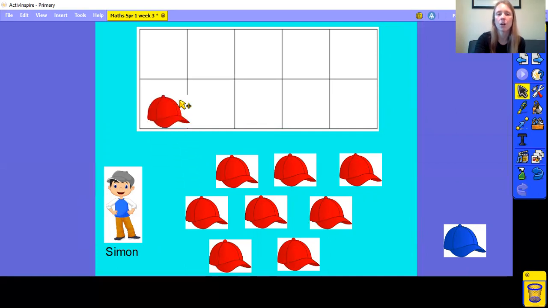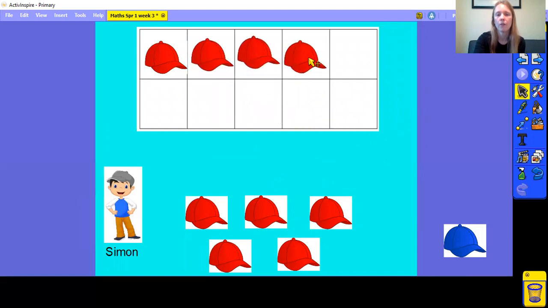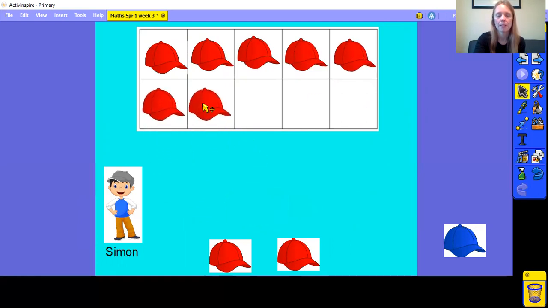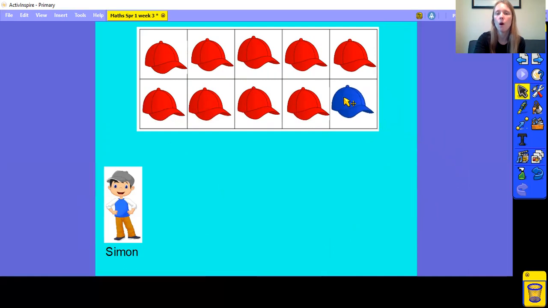First, Simon had 1, 2, 3, 4, 5, 6, 7, 8, 9 hats. First, Simon had 9 hats. Then he bought 1 more hat. How many hats does Simon have now? Do we need to count them? No, our 10 frame is full and we know that there are 10 spaces on our 10 frame. Now Simon has 10 hats.